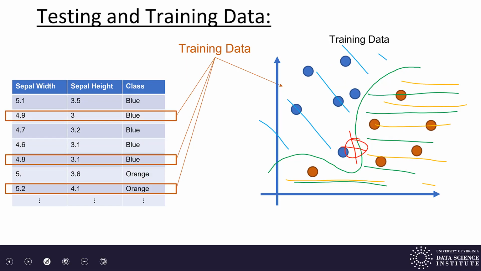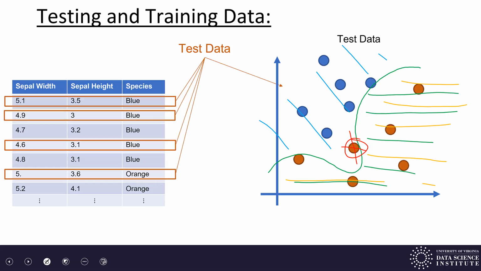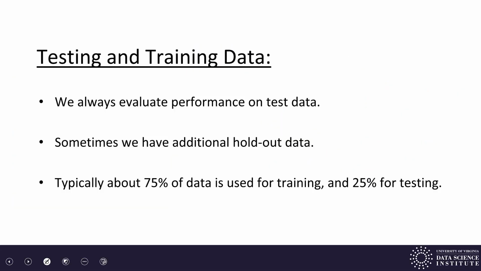And so what's happened here is this loop that I drew, it trained around what appears to be a nuance that was in my training data that's not present in my test data, so I'm getting an error on my test data. And so the point in this demonstration or this visualization is that you don't want to test your data on your training data. You want to test it on the testing data.